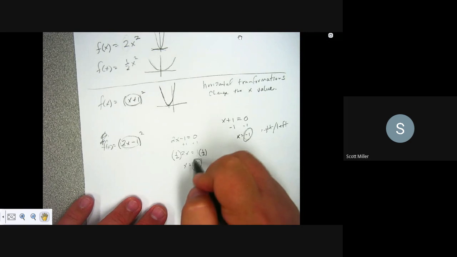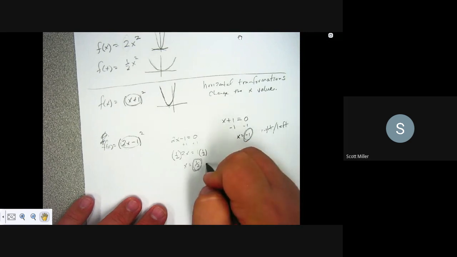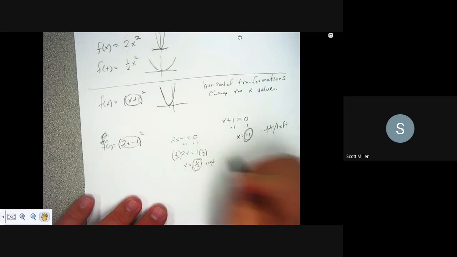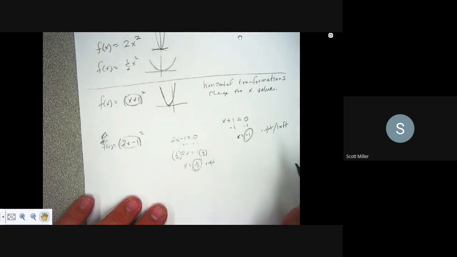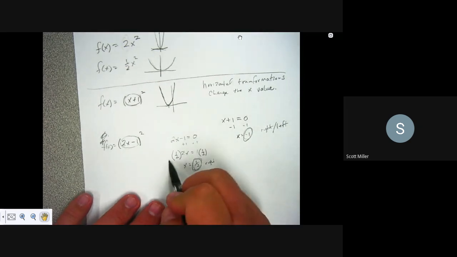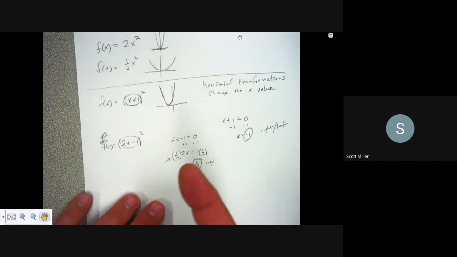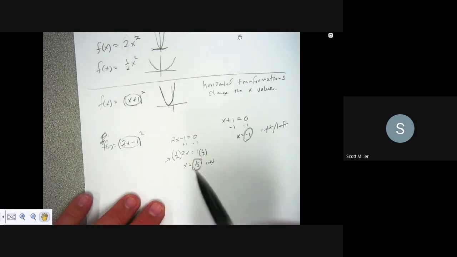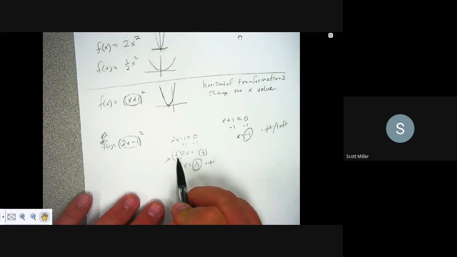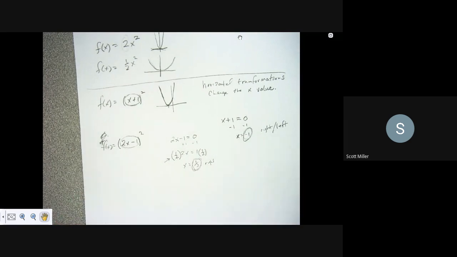This 1/2 is my right or left. This is positive, it's going to the right. But this act right here of multiplying by 1/2, that's the number that determines the stretch or shrink. Because that's a 1/2, 1/2 means it's less than 1, so it would have to be a shrink.